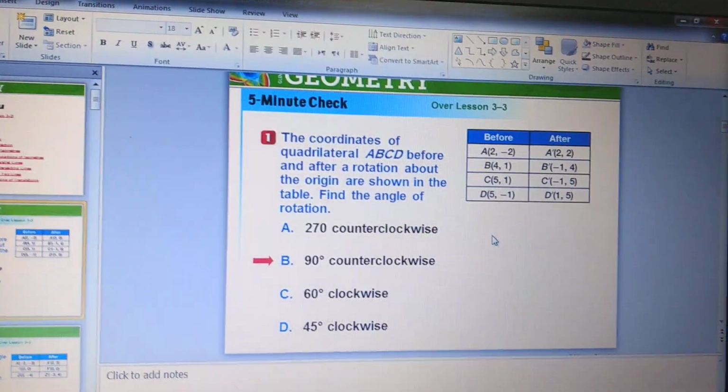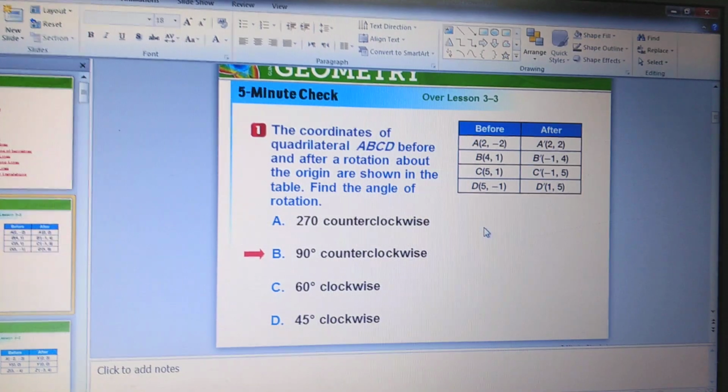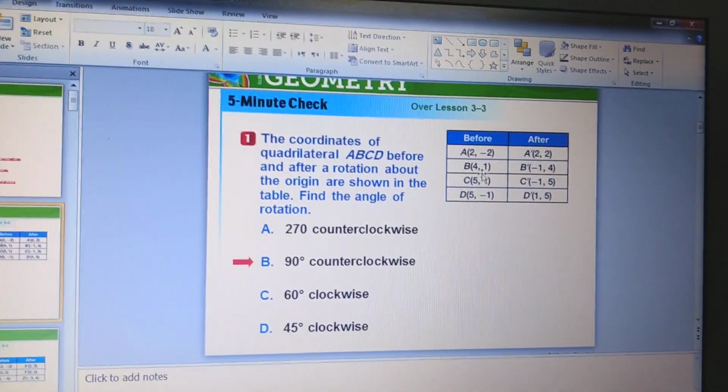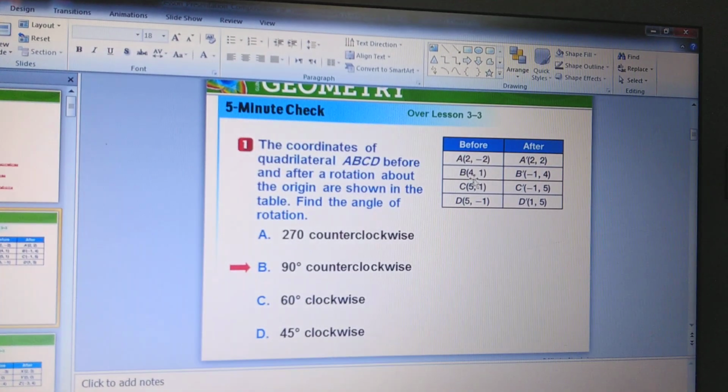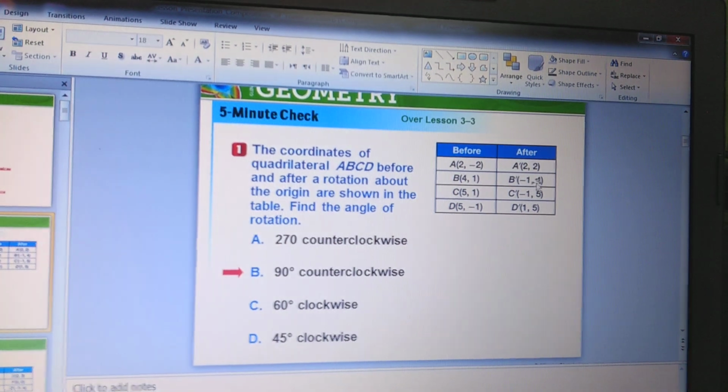If you compare and remember the rules from the previous lesson, you find that we change between the x and y. Here, x was 4, y was 1. Here, x becomes -1 and y becomes 4.